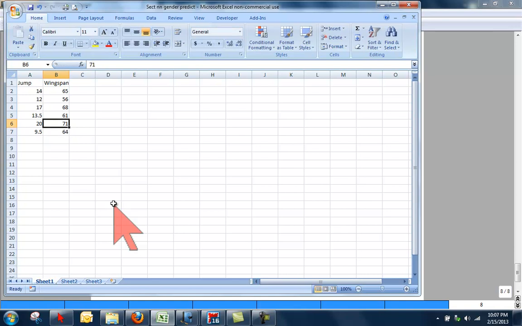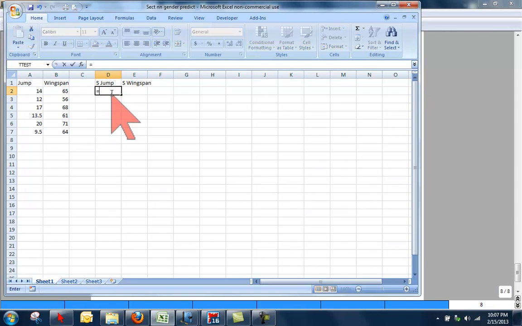And the genders, I'm going to enter the zeros and ones directly into Maple later, so they could go in the Excel spreadsheet, but there's no need to do that. Then let's build a column of scaled jumps and scaled wingspan. And we developed formulas for those.